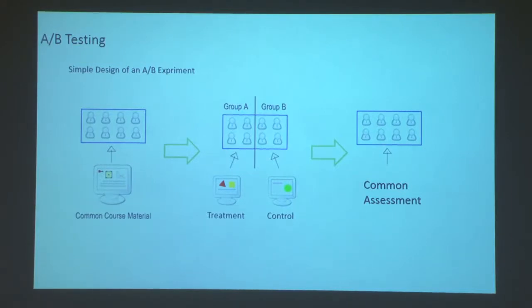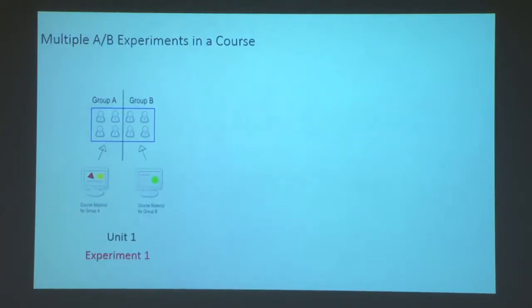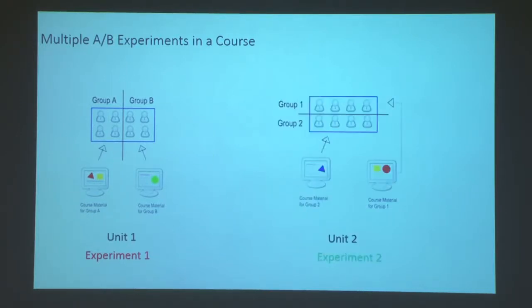You can run multiple experiments in a course without much interference, because you can split the course one way for experiment 1, and then split the course the other way for experiment 2. These are independent random splits, so one split doesn't carry over to the other. You randomize them every time.